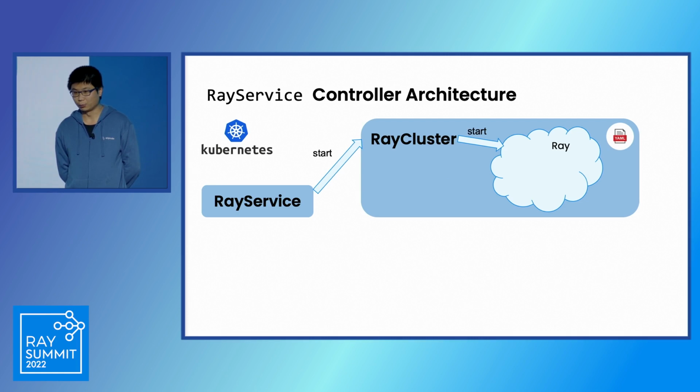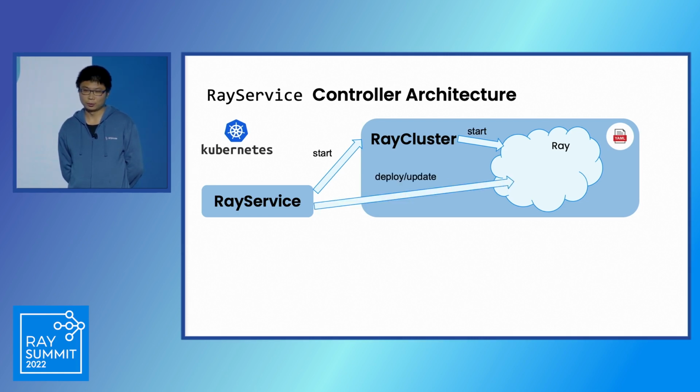And once it finds the Ray cluster is ready, it will read the centralized config of the Serve application, and through the REST API, we send it to the Ray cluster. Then the Ray cluster will do the deployment, and we will have a Serve deployment ready. The Ray Service will also keep checking whether the Serve deployment is fully deployed and whether the application status is running. And once it's running, it will create a Kubernetes service, which provides you a way to route your production traffic to this Serve application.